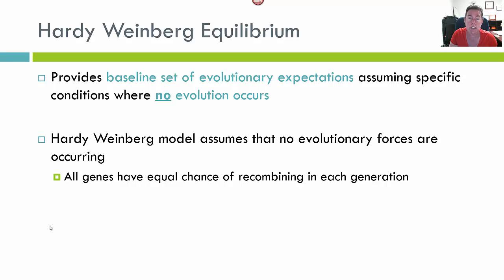That is, there's no natural selection, there's no mutation, there's no migration, there's no gene flow, there's no non-random mating. What this means is that all the genes in the population have equal chances of recombining in each generation.